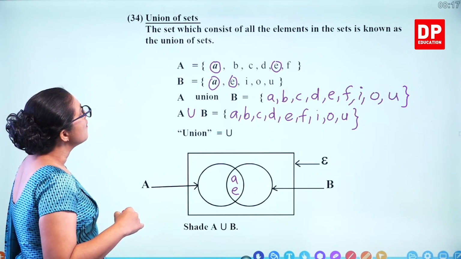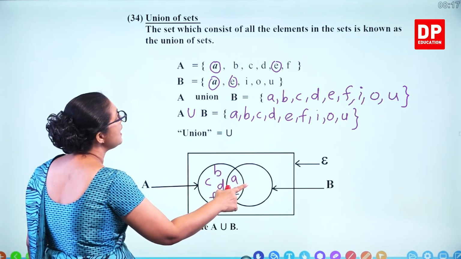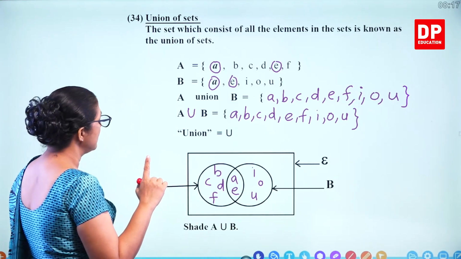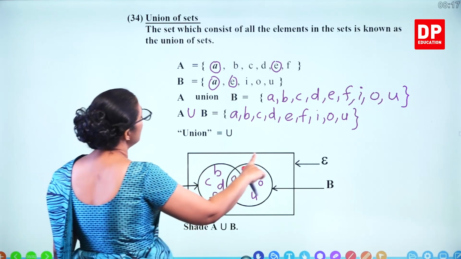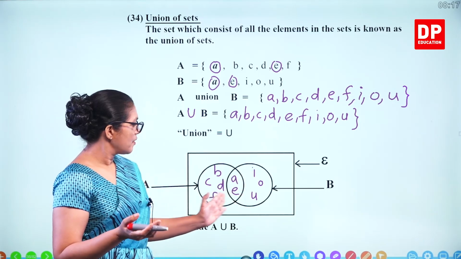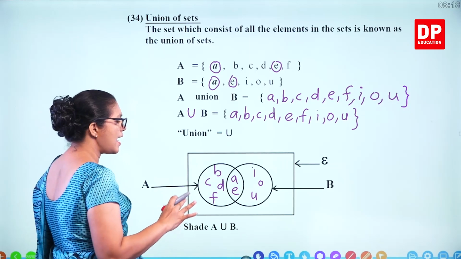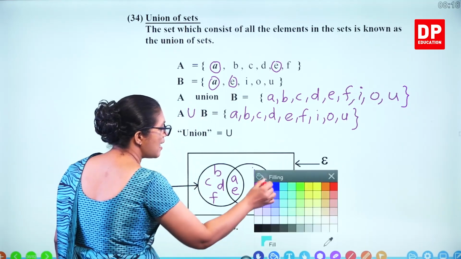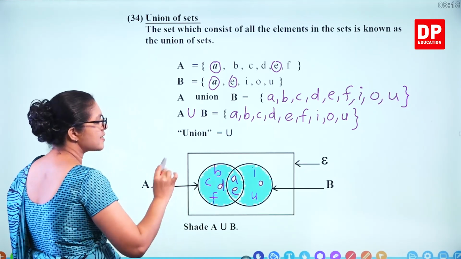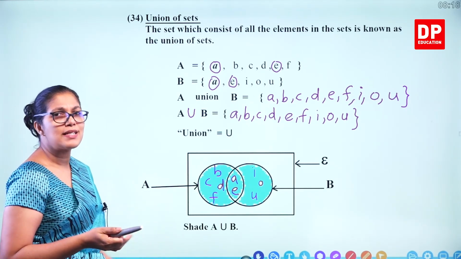Then we can write down the other elements: B, C, D, F in A, and I, O, U in B. This one is not given the universal set, so we'll assume these letters are there. Now shade A union B: everything in A as well as everything in B, meaning the area inside the two circles. So that's the union.